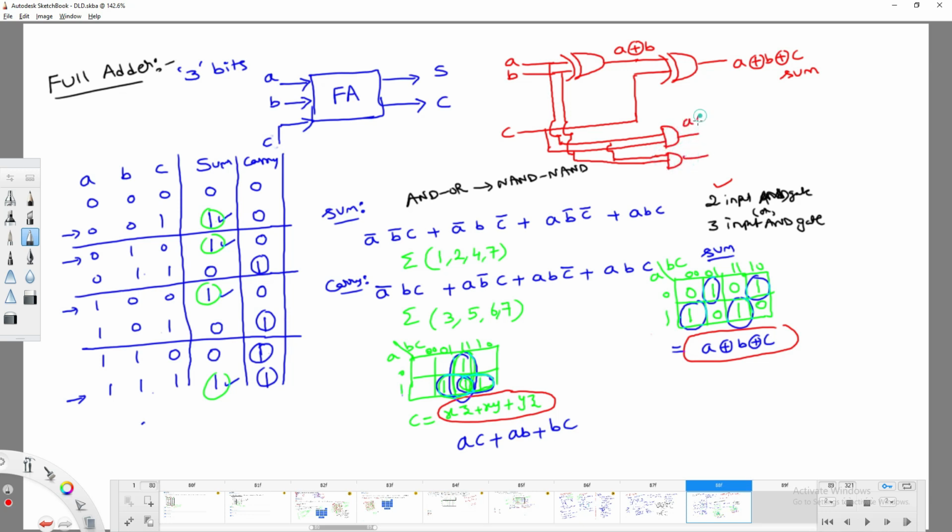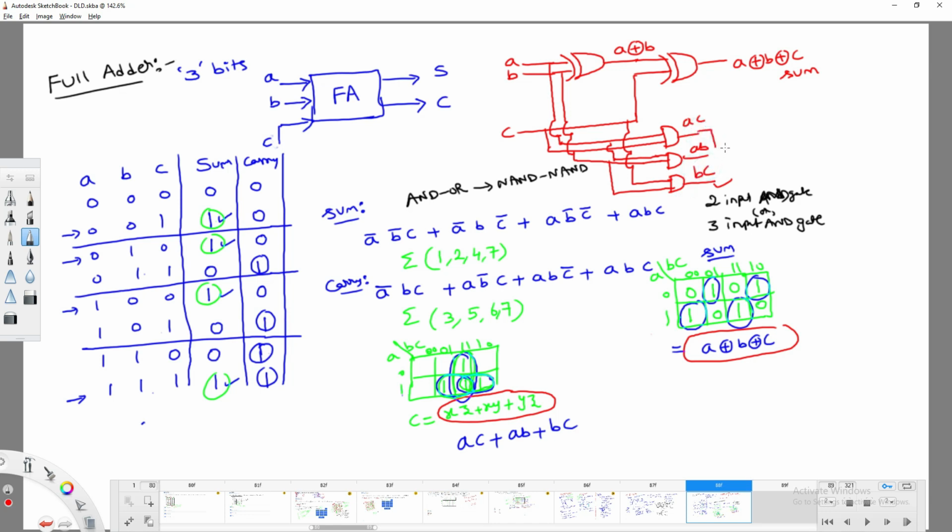For this one I got AC, for this one I got AB, and I need to have BC. I think this is B, and C I need to get. The diagram may not look clean, so don't worry.